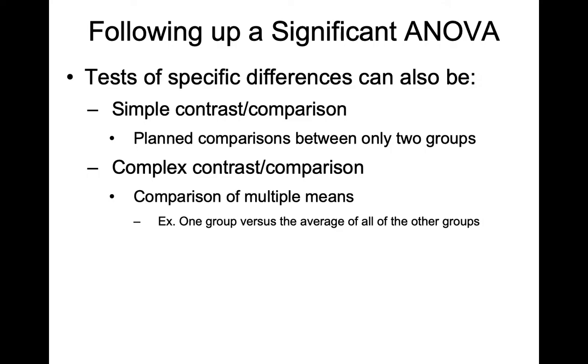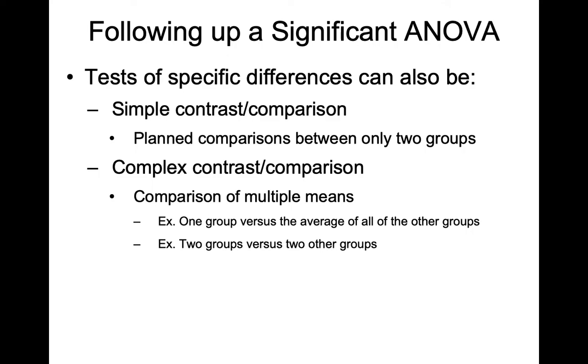So what you do there is you just lump together anxious people and avoidant people. You'd lump them in as one category, calculate their average, and test whether securely attached people are different than that entire group of folks. Okay, that's an example of a complex comparison. If we had a 4-group design, you could test the average of 2 groups versus 2 other groups.